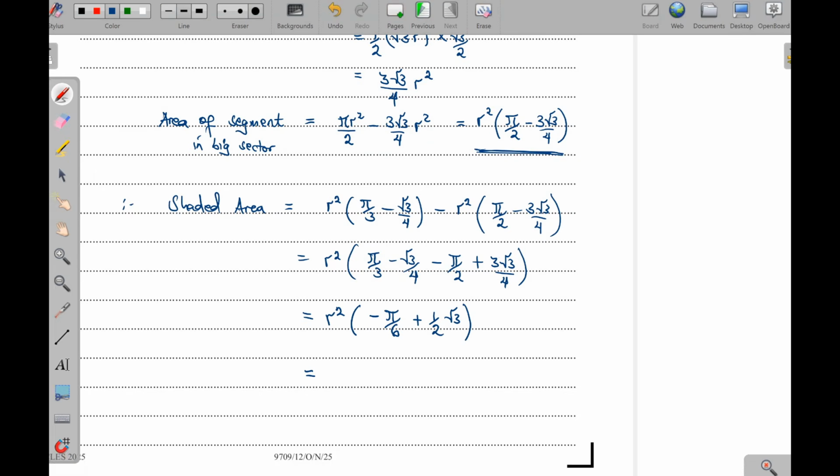So a plus b pi. Then this one is going to be your a, root 3 over 2. Then the b is minus 1 over 6, minus 1 over 6 of pi, then r squared. So that means our a is root 3 over 2, and our b is negative 1 over 6. So that is that. So this has been it for this paper.